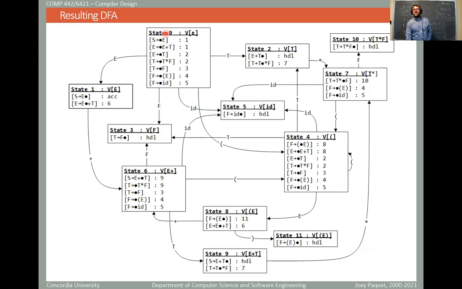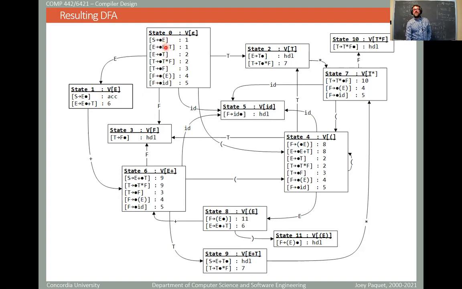For example, if I'm in state 0, this is my set of items, which I will explain a little bit later how we generate. After the dot, I have either E, T, F, open parenthesis, or ID.